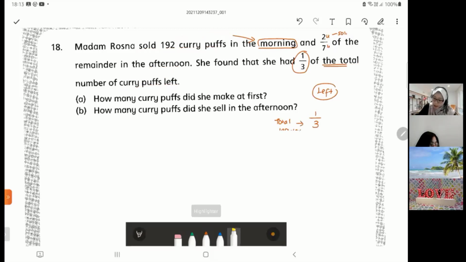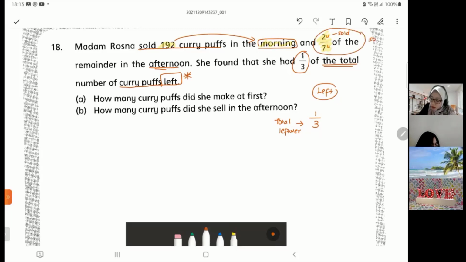Now, if you look at this 2/7, this is what she sold in the afternoon, which means before she sold in the afternoon, she had actually sold some in the morning, which is this one, right? I want to find the afternoon leftover. This is what she sold.